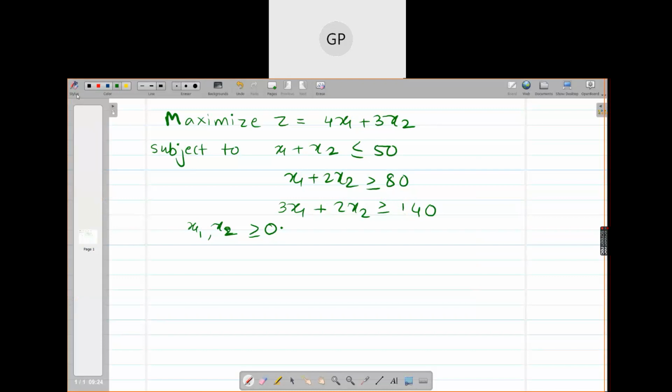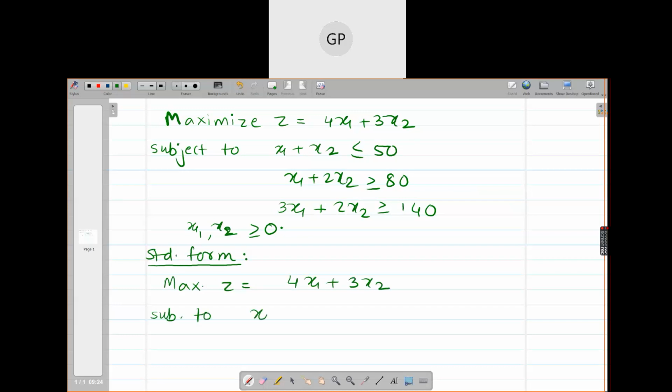Quickly tell me the standard form. Maximize z equal to 4x1 plus 3x2. Later on we will add the variables as required in the constraints.